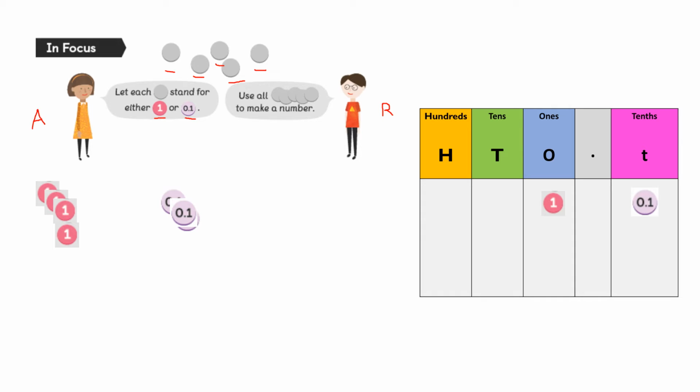However, Richard has some other ideas, and Richard says, use all of the 5 counters to make a number. I've started already on the place value chart here. You can see that I've got one of my counters in the ones column, and I've also got another counter in my tenths column. So I've got 1 whole and 1/10.